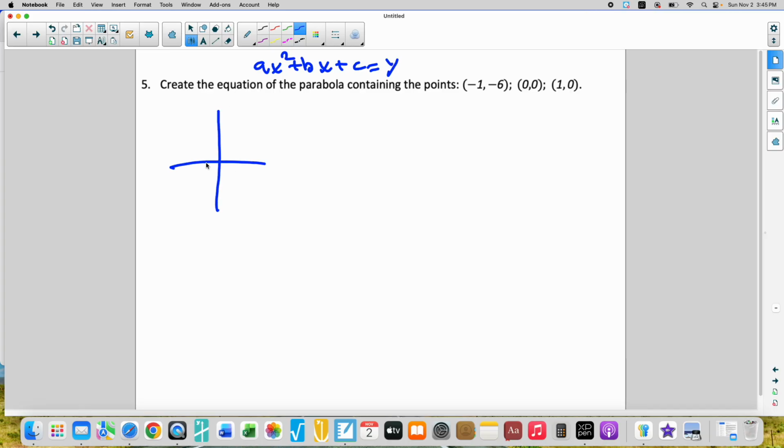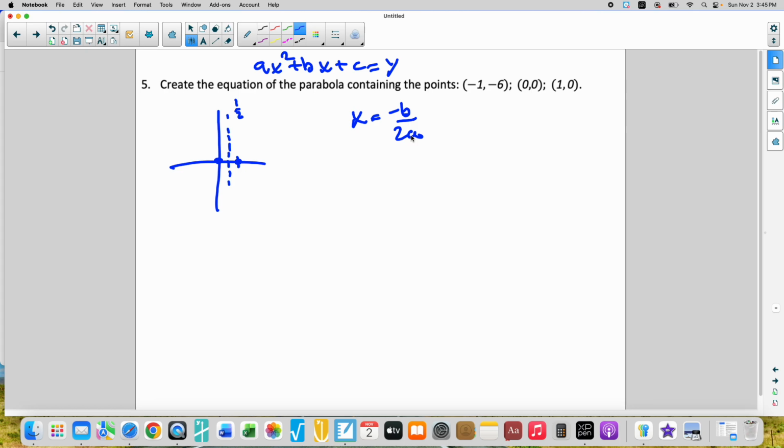Since this parabola has points at 0, 0 and 1, 0, I know it's either going to be upside down or right side up. I know my axis of symmetry is going to be 1/2, and the axis of symmetry equals the opposite of B over 2A.